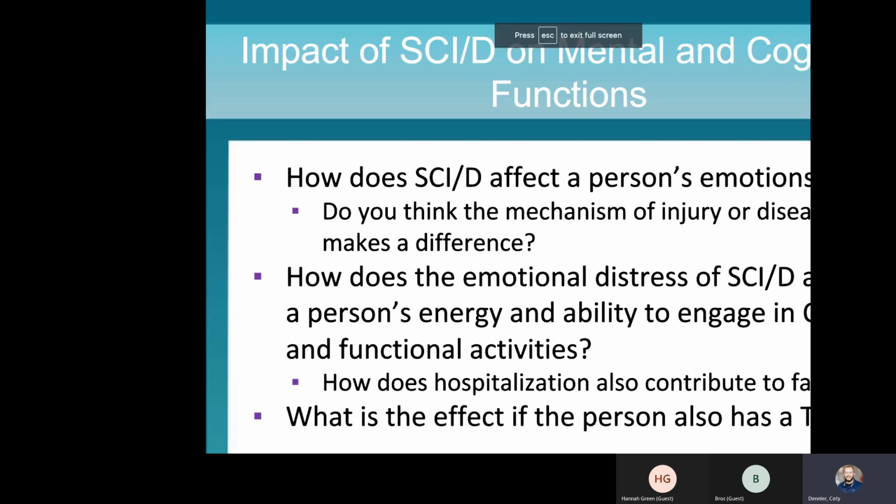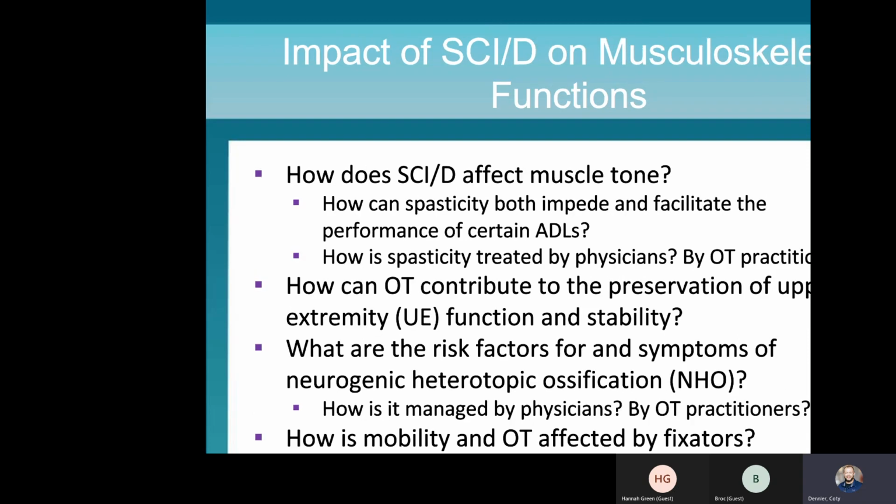All right, so let's discuss muscle tone. Normally for the first few weeks, the person will have spinal shock, which means they will have no tone at all. Their spinal cord is just sitting there like, what the hell do I do now?